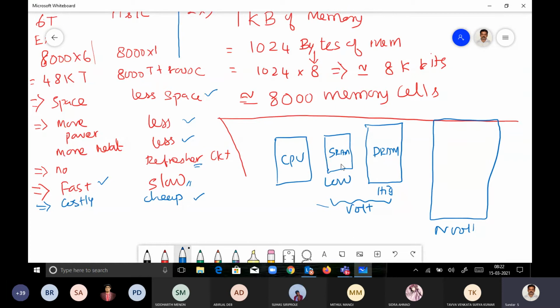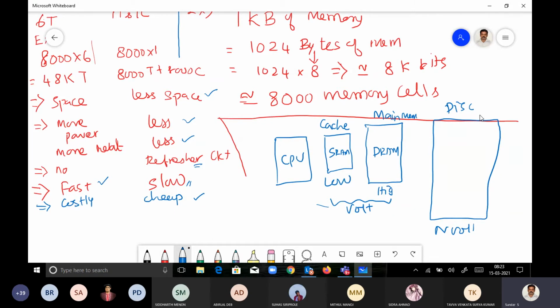So this memory, in computer architecture terms, is called cache memory. This memory is called main memory. And this memory is called disk memory. From now onwards, I'm going to use the terms cache, main, disk.